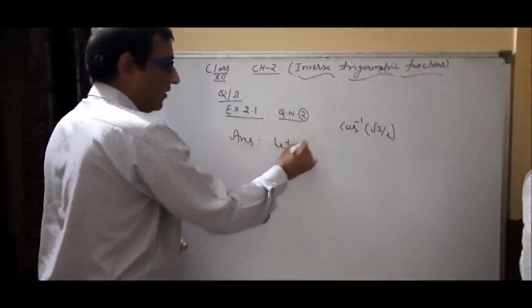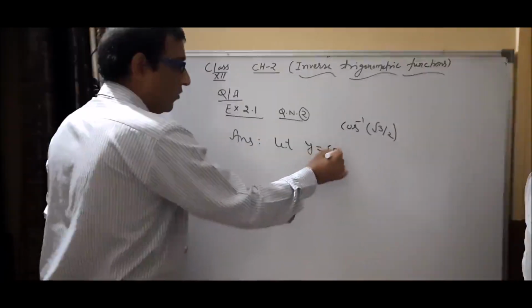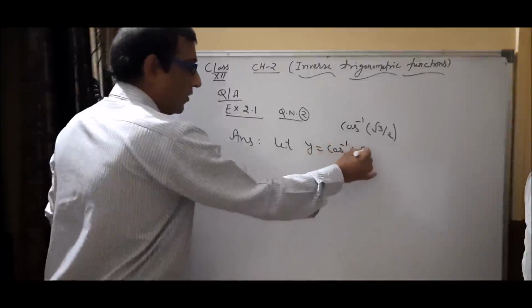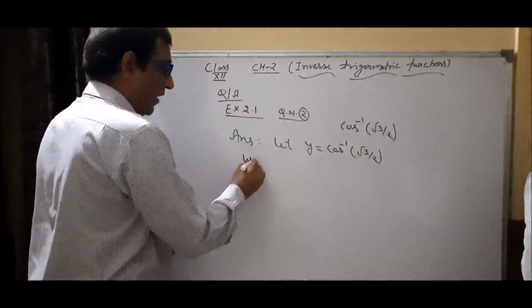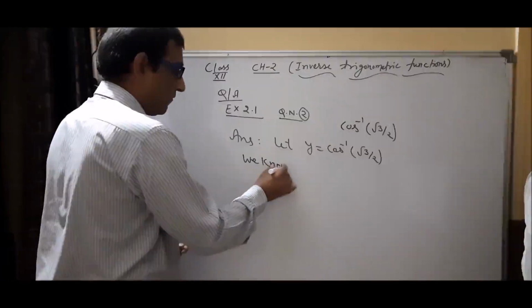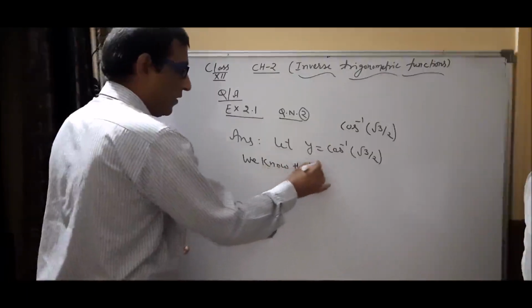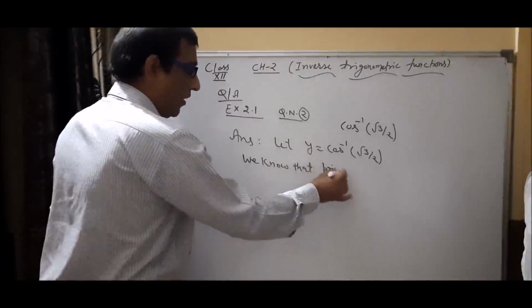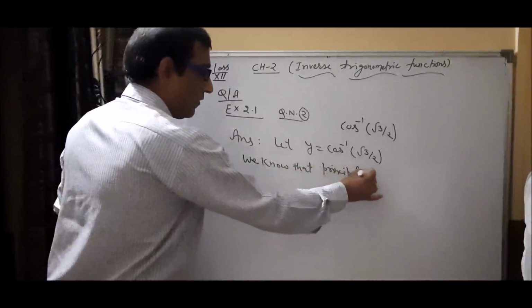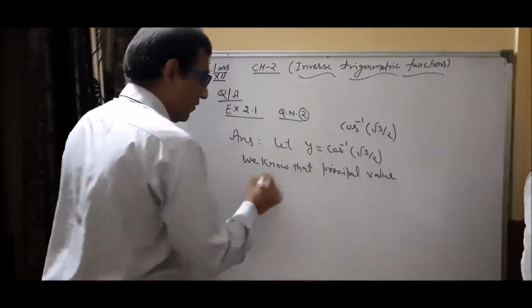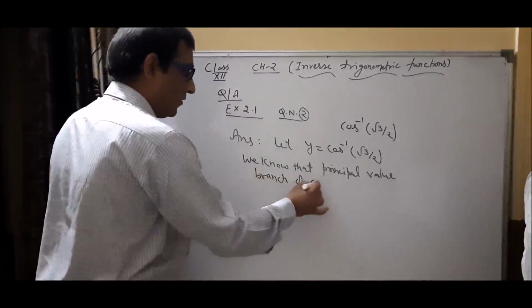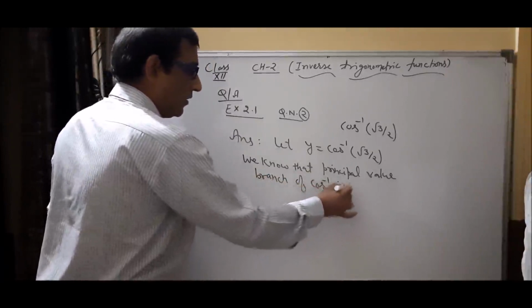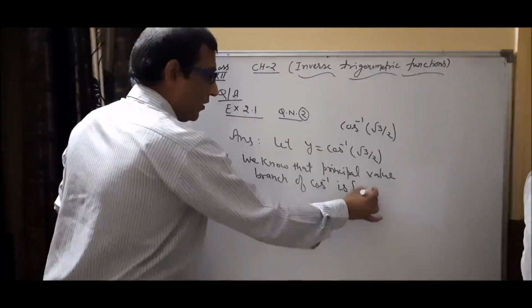Let y equals cos inverse root 3 upon 2. So we will write here, we know that the principal value branch of cos inverse is the closed interval 0 to π.